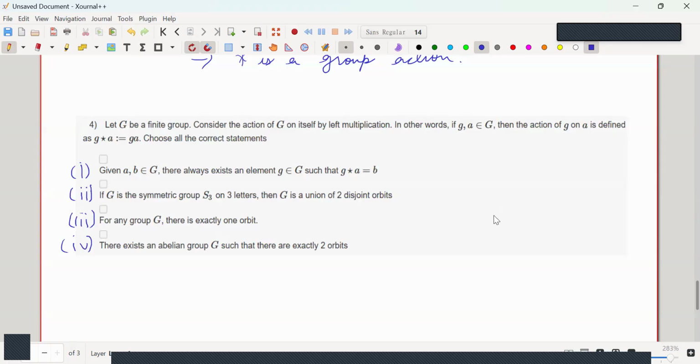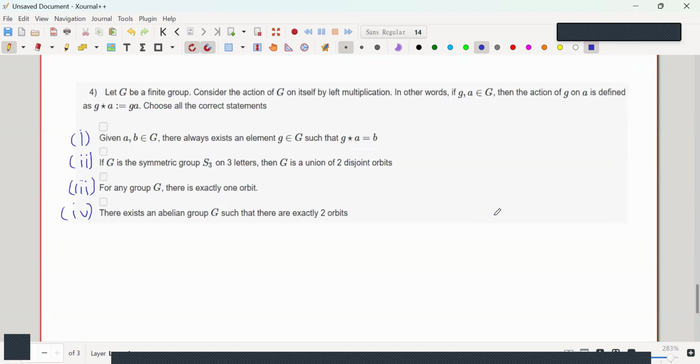Oh, that is also an option. I didn't realize. The first and third are the same, right? Yes, sir. It's just rewriting it in a different way. And if you prove that there is exactly one orbit for any group, then second and fourth will also be discarded, right?